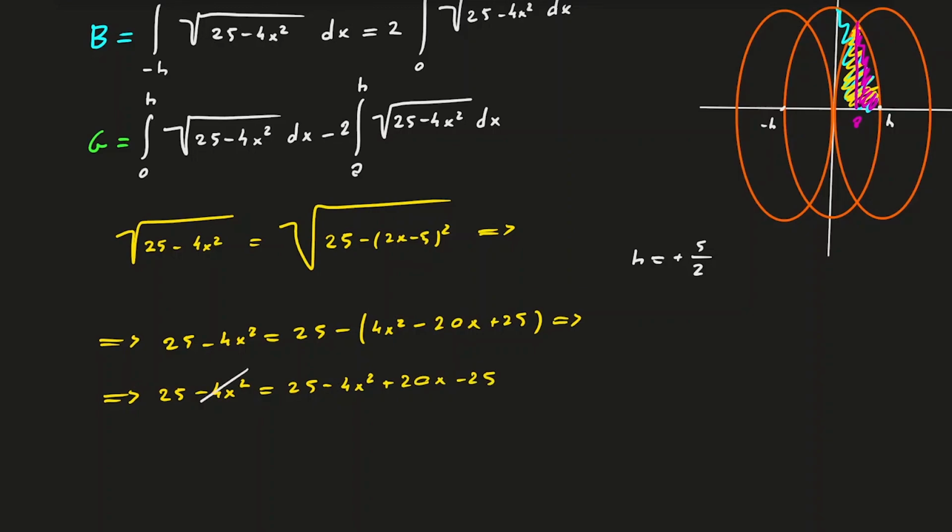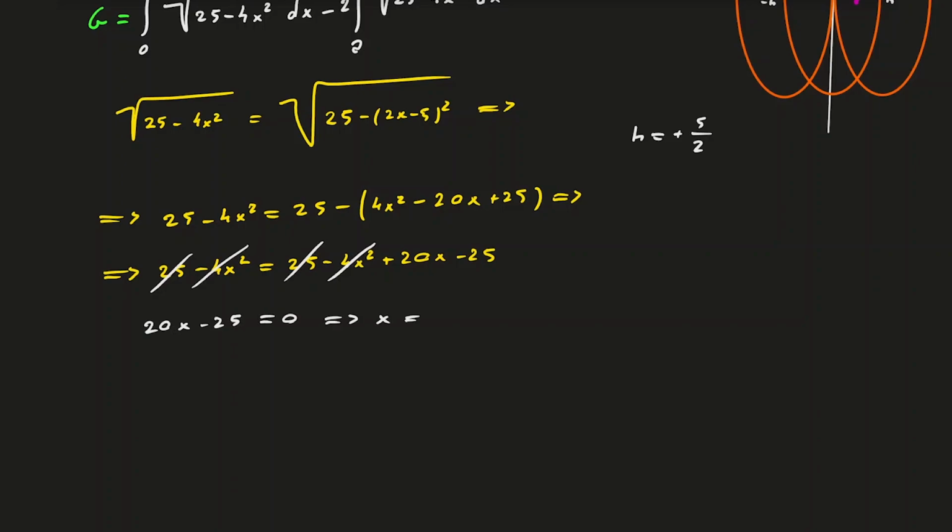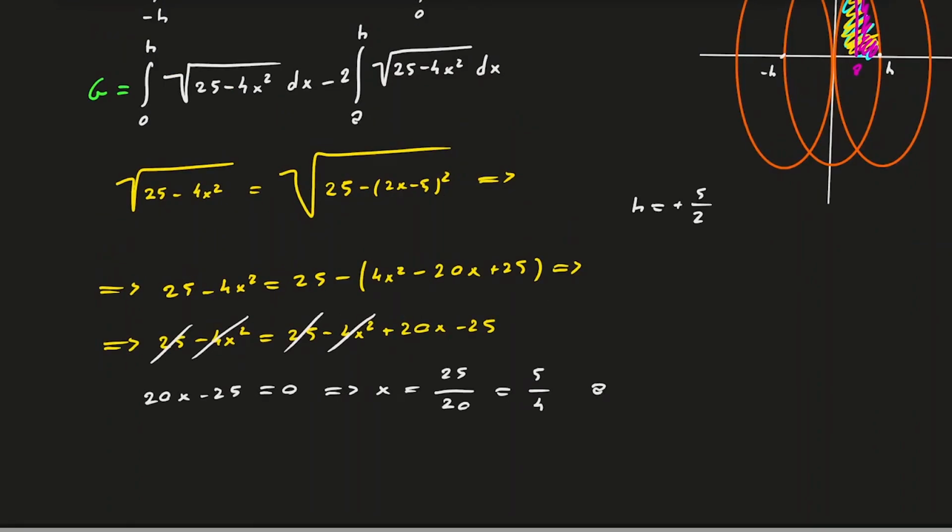As you can see, we can cancel minus 4x squared on both sides, and the same thing for 25, and we get that 20x minus 25 equals 0, and this equals 0 when x equals 25 over 20, and 25 over 20 is 5 over 4, so we know that a equals 5 over 4.